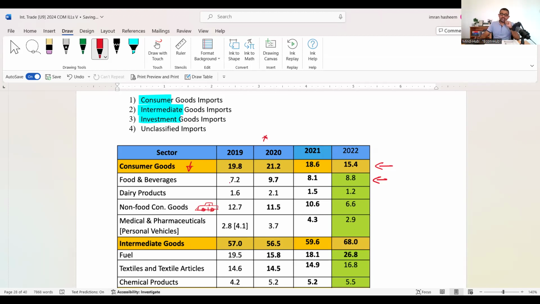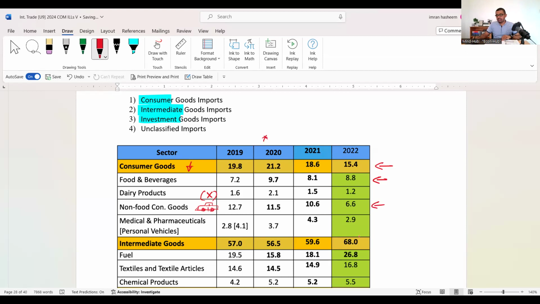But since 2020, for almost now 4 years, we have stopped the import of vehicles. Because we have stopped the import of vehicles, the non-food sector is lesser than the food and related products. Okay? Any questions you can ask?